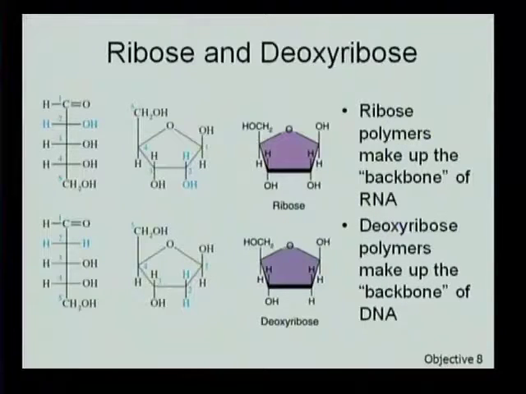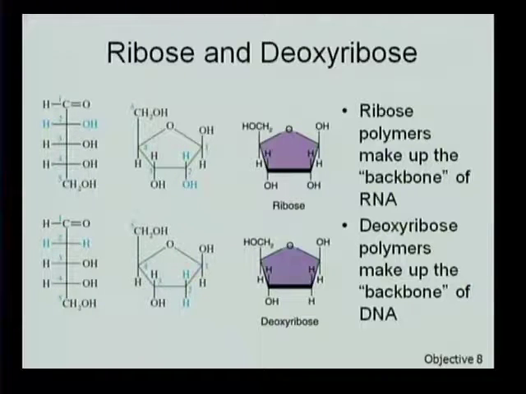The pentoses are 5 carbon sugars, and in our course they're represented by ribose and deoxyribose. Ribose polymers make up a backbone of RNA. Deoxyribose polymers make up the backbone of DNA.